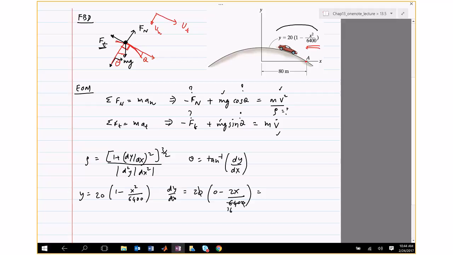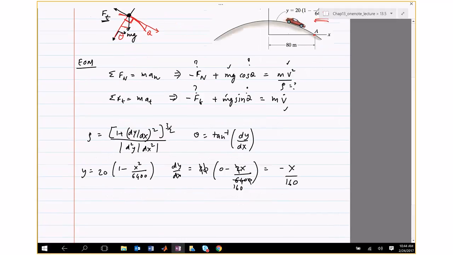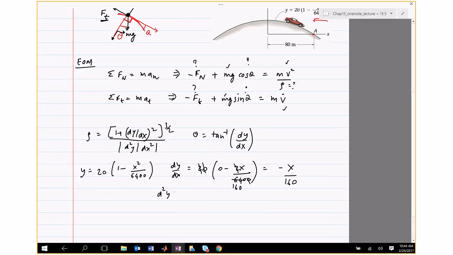So it's minus x divided by 160, since there's a 2 here and a 2 there. And then d squared y/dx squared is minus 1 divided by 160.